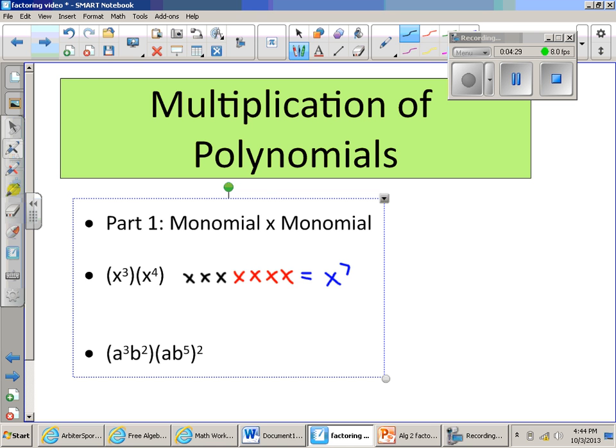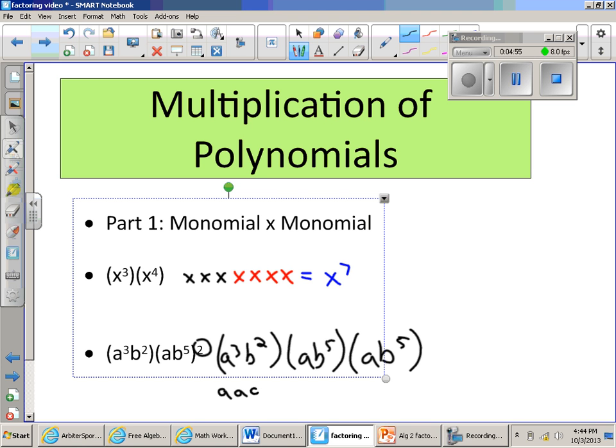Let's look at the next one. A cubed. First thing we need to do is, since we got a square, we need to write ab to the 5th power 2 times. Now a cubed is a times a times a, b squared, b, b.